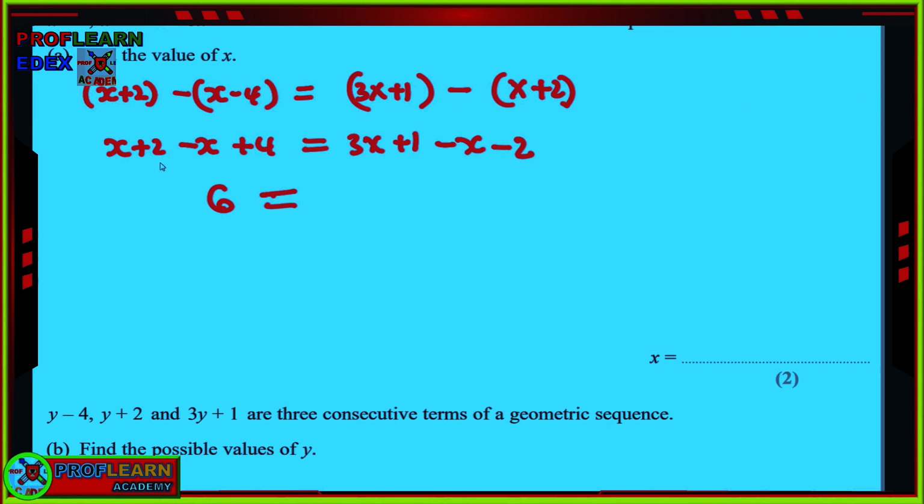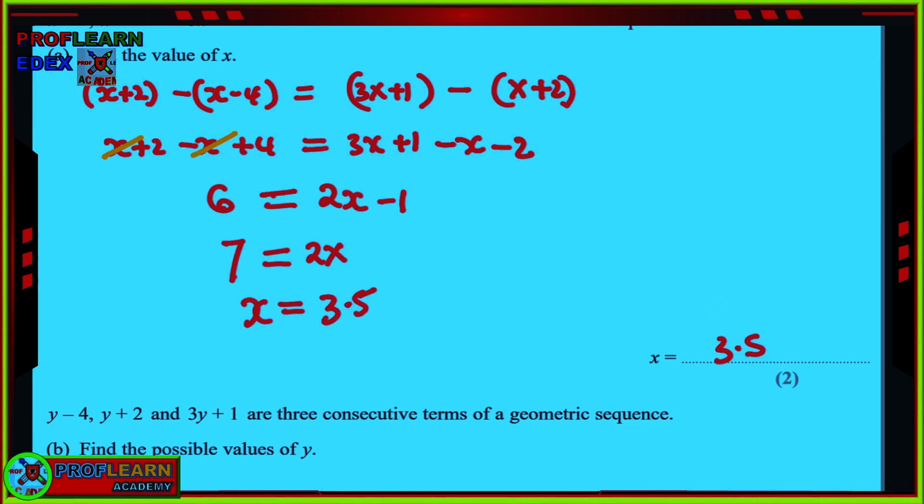We are going to have 6 equals 2x minus 1. We take the 1 on the other side, it becomes 7, and that will be 2x. So meaning our x equals 3.5. Our x is going to be 3.5 as the final answer in this case.